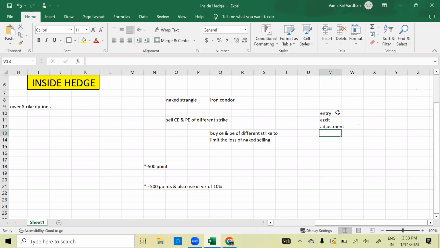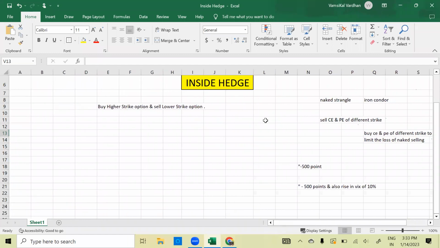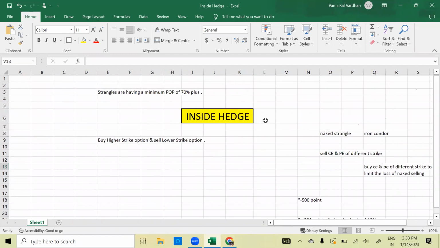For any strategy it is the same: you will learn slowly while you take the trades on your own. Then we will see how inside hedge is better than strangle.